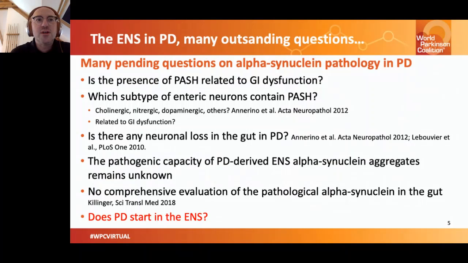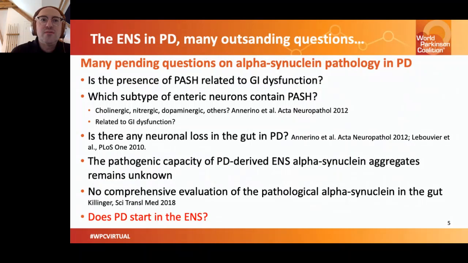Besides the well-known cholinergic and nitrergic neurons, there is also a small proportion of dopaminergic neurons, and it still remains to be determined if these neurons are affected or not. One logical associated question is the possible role of PASH in the development of GI symptoms, which are so frequently observed in patients with Parkinson's disease.